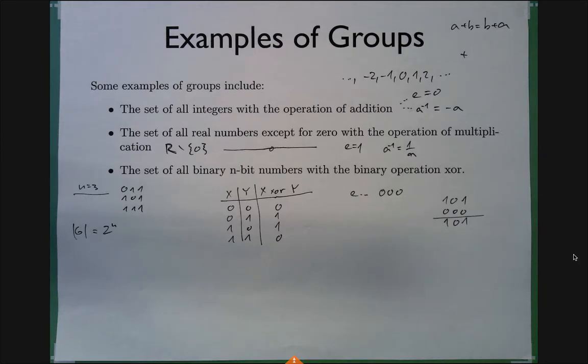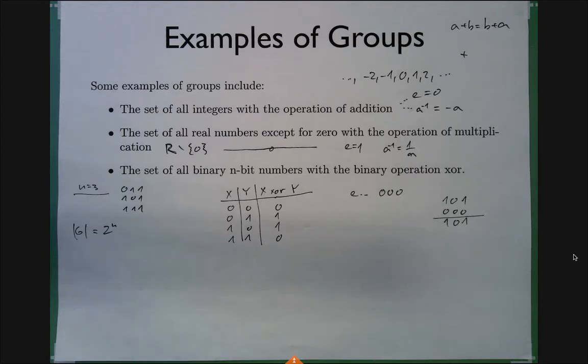Now, what will be the inverse? I have a 3-bit number, and I need to come up with a number such that when XORed with it gives me all zeros. So the hackers, do you guys still program in assembly language and use XOR? Some of you do, yeah? The inverse of any number in binary set n is itself, yes.